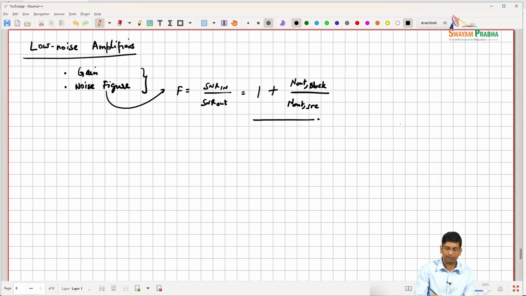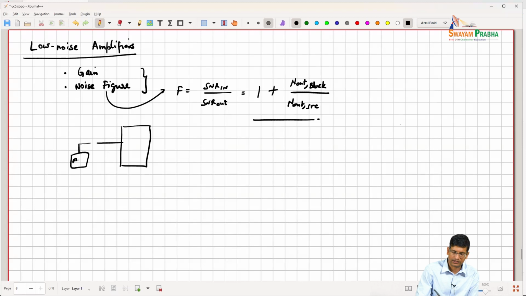If I consider a block, and I have at its input some noise source N_N, then if I look at the output, this block is adding some noise, right? So the noise figure in dB, or the noise factor when it's not on the log scale, on the linear scale, we can express it like this.